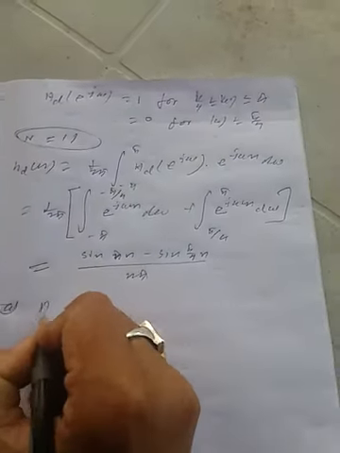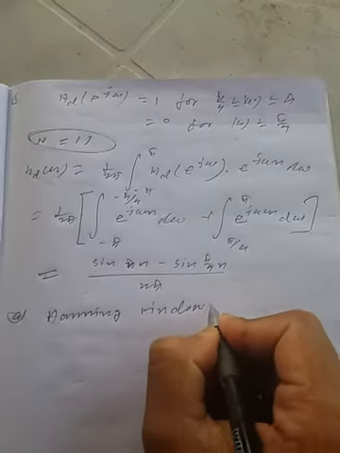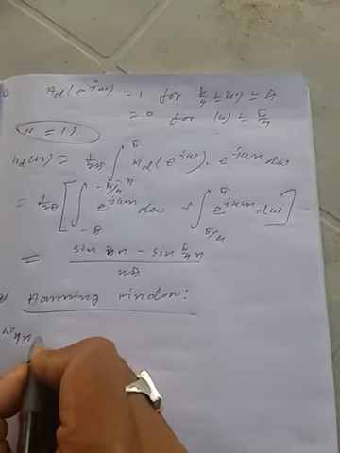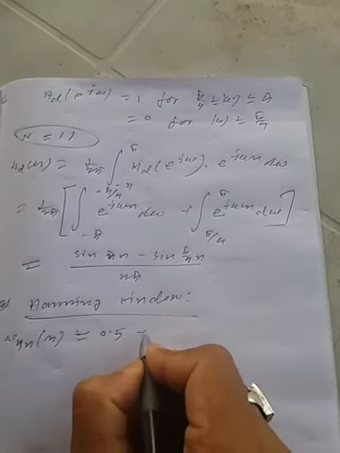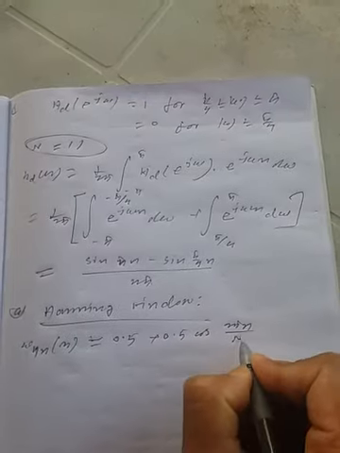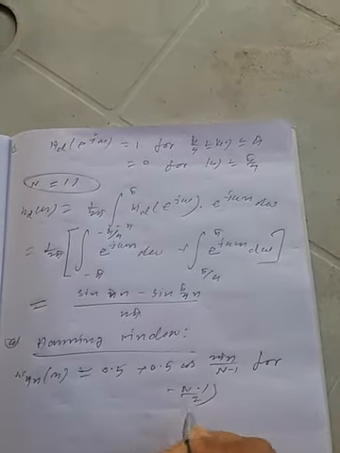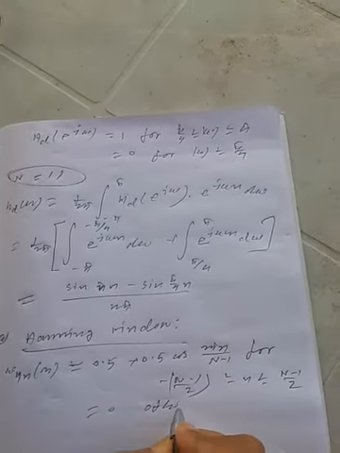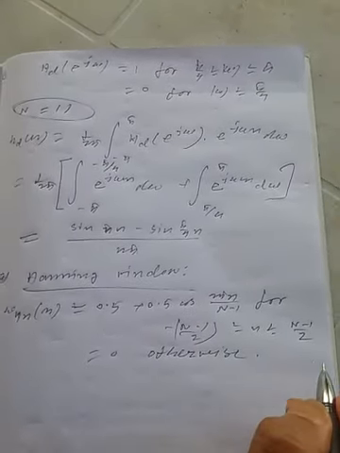In case of the Hanning window method, we know the mathematical expression of the Hanning window is ωhn(n) = 0.5 + 0.5 cos(2πn/(N−1)) for −(N−1)/2 ≤ n ≤ (N−1)/2, and 0 otherwise. So this is the window.